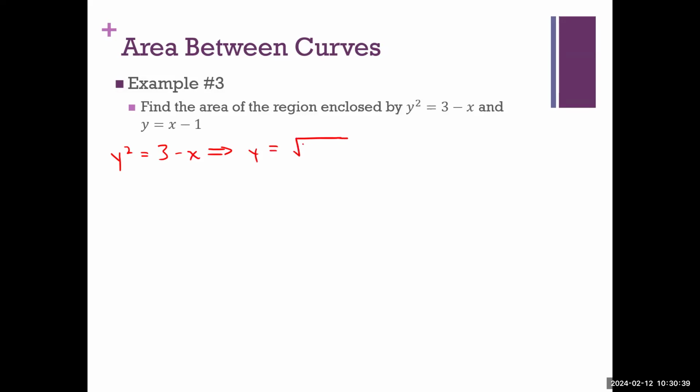Close. It's one thing we've got to, yeah, it could be positive or negative, right? But yeah, we can do that. So now we've got y equals basically these two things that I'm compacting together. Good. What else?